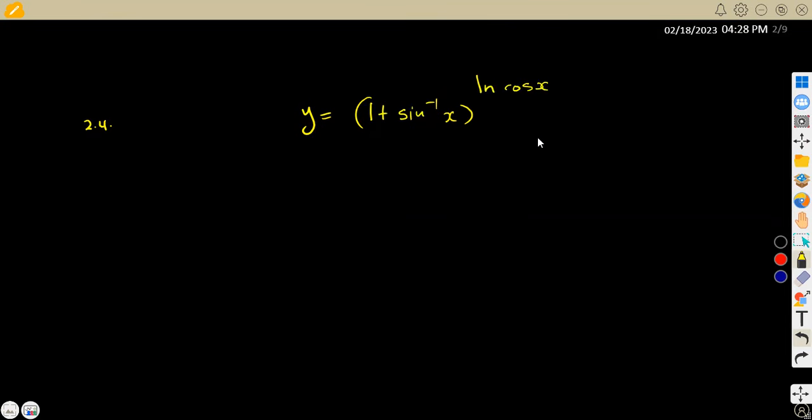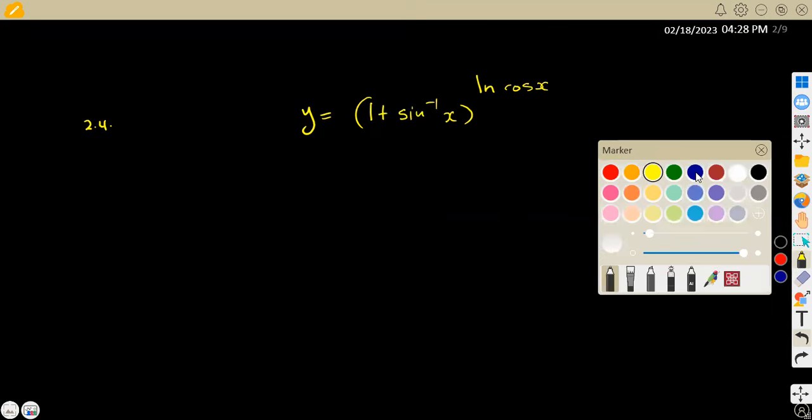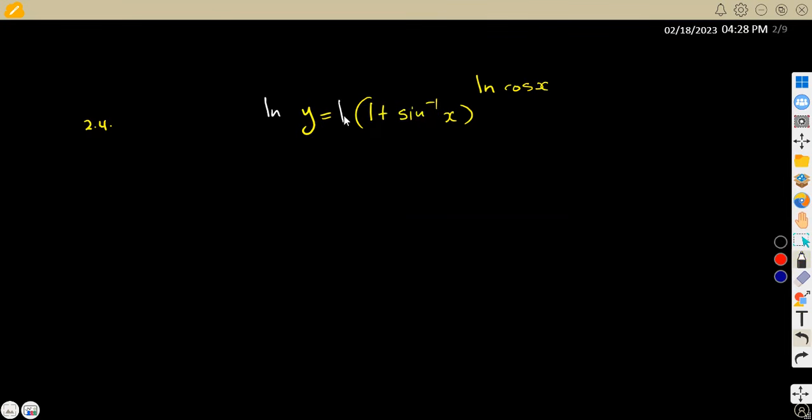Remember that if we are to use logarithms, guys, we are supposed to introduce ln on both sides of the equation. Here there is now an exponent. Remember, ln of m to the exponent n is the same as n ln m.